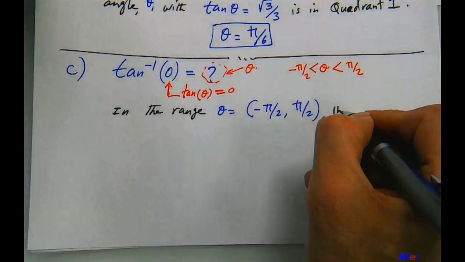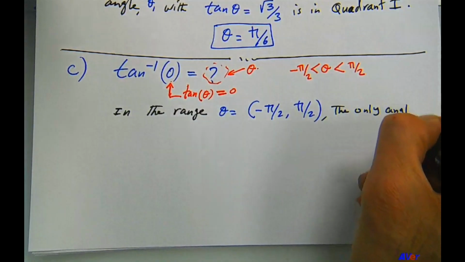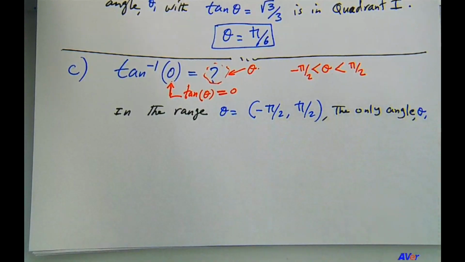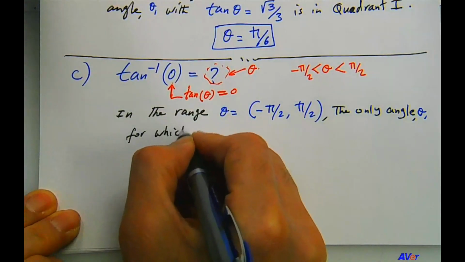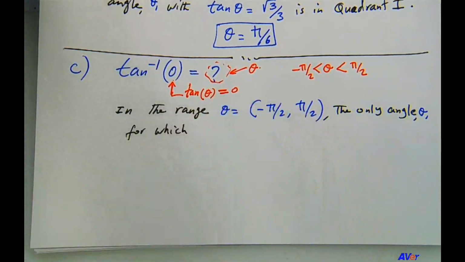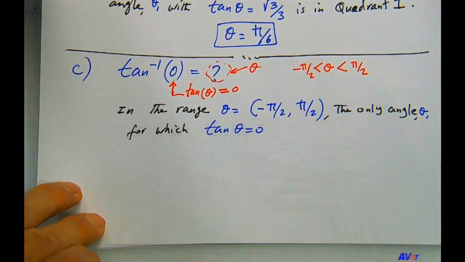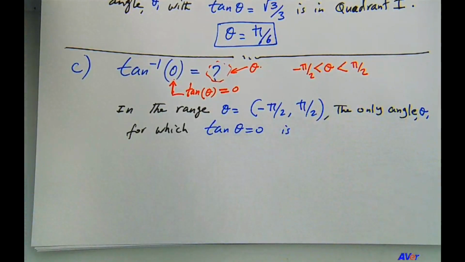Okay, so the only angle theta for which tangent of theta equals 0 is, well, please remember, tangent of theta is equal to sine of theta divided by cosine of theta, right?